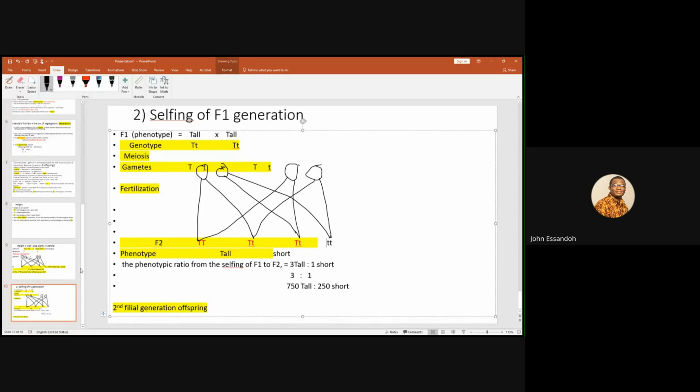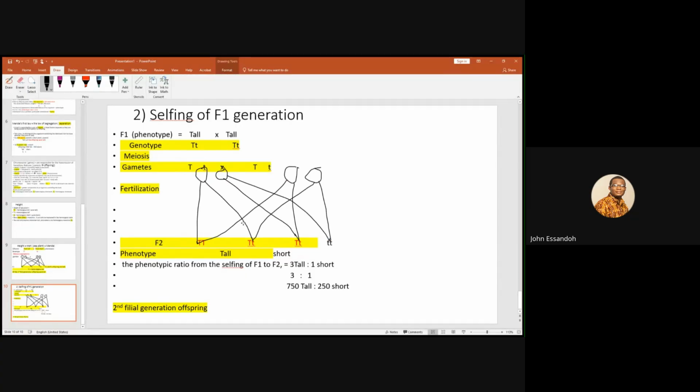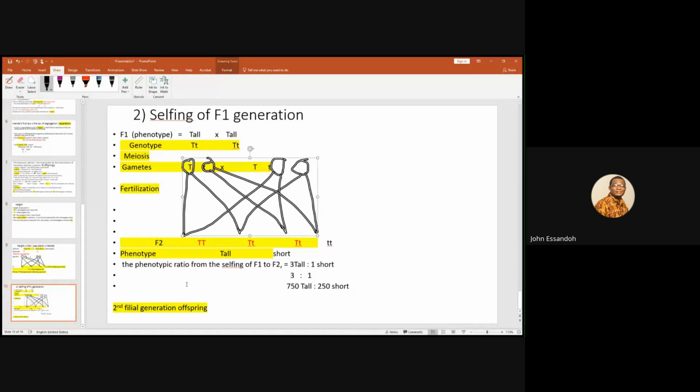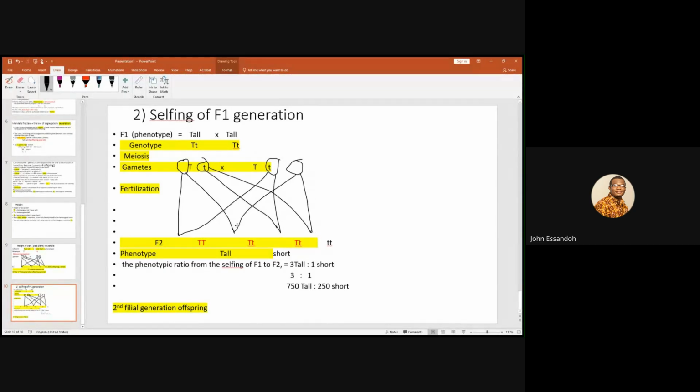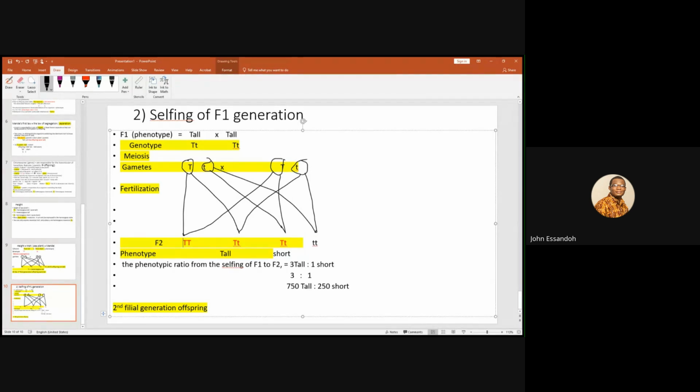So now that we've gotten this, let's see what happens. Where are my genotypes here? Now that we've gotten this, what is the way forward?